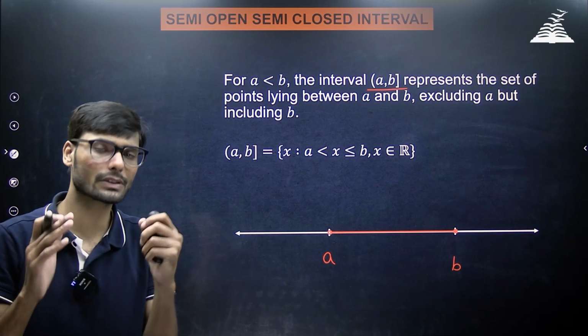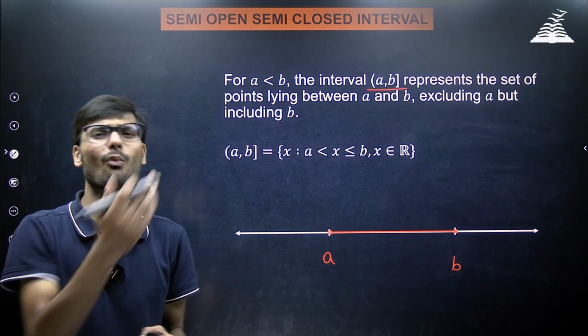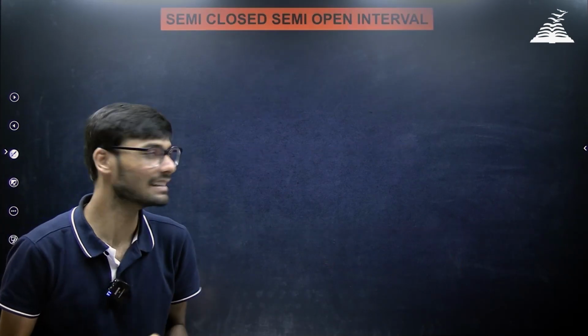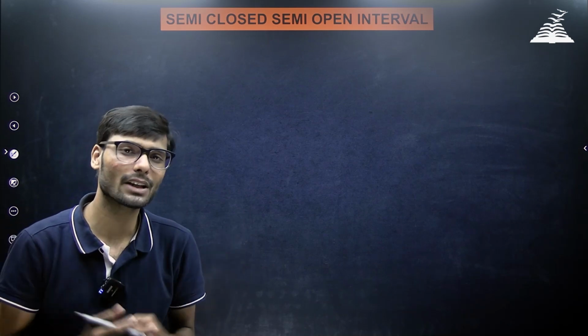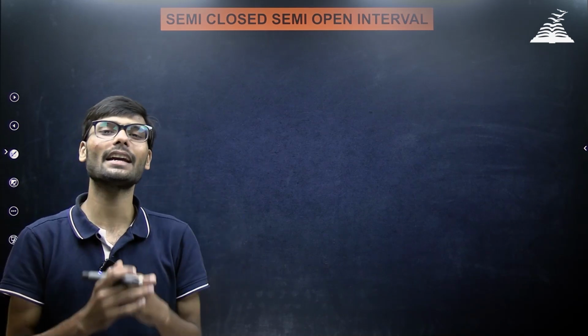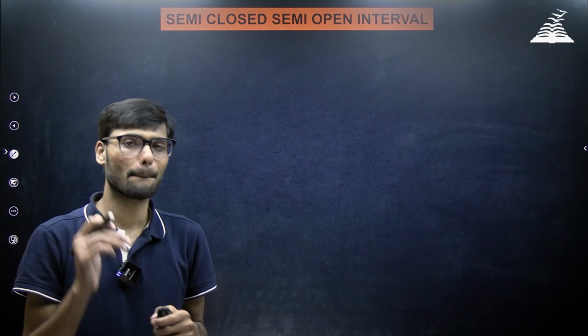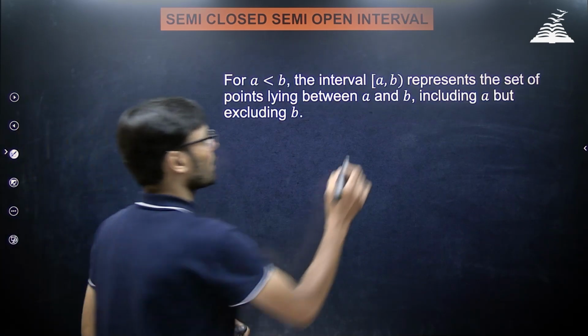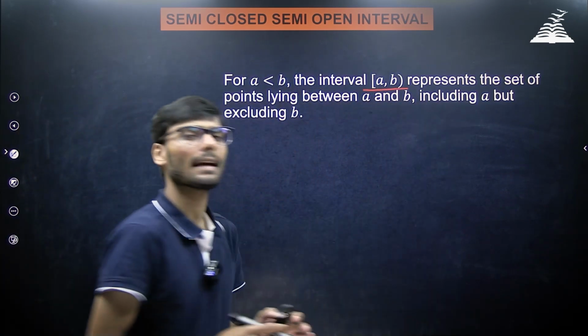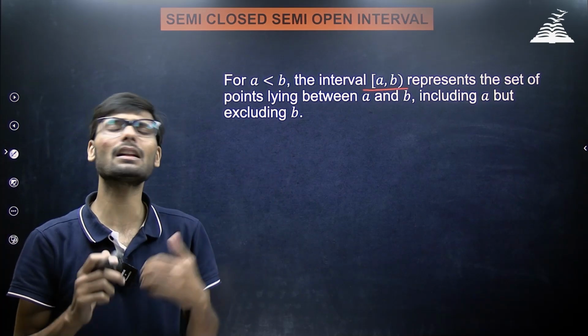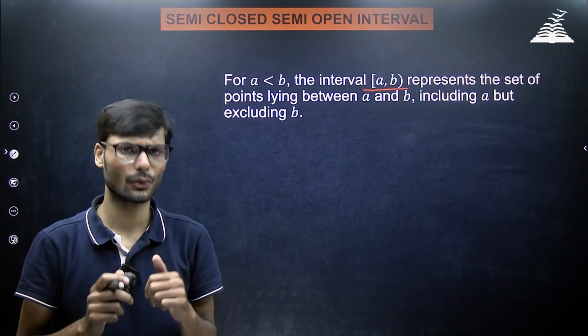Let's now move on to the semi-closed, semi-open interval, which is basically the opposite of this. In that, we will be putting a closed bracket at A and an open bracket at B. So this is how we can represent it. This means A is included in the interval but B isn't, right?